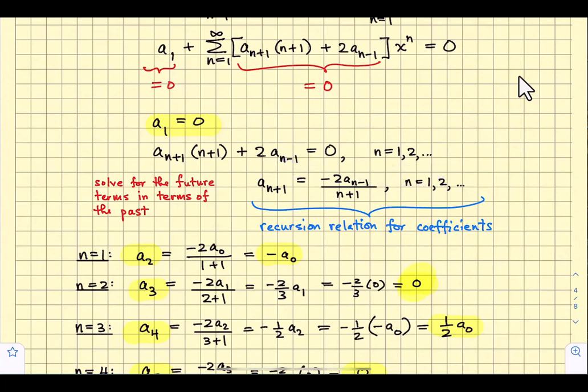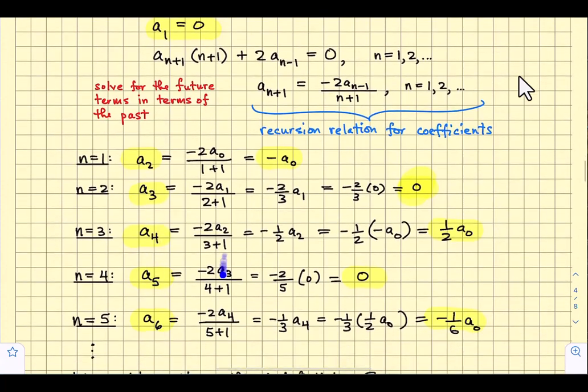Then we could keep doing this all day long. If we plug in n equals 3, we get a4 is minus 2a3 over 3 plus 1. When the dust settles here, we get minus 1/2 a2, and I know that a2 is negative a0, so I can replace it with a negative a0. So this gives me 1/2 a0. And I can keep doing this for as many of these as we want.